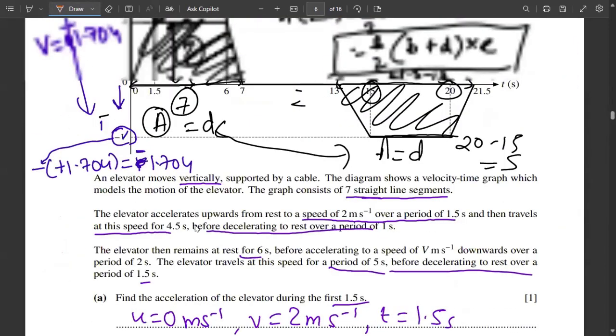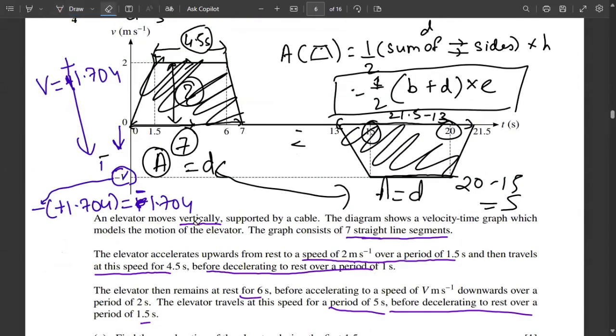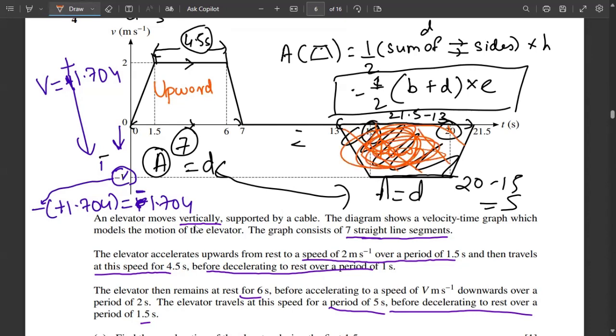If you want to look in the diagram, we have two options. This entire area is the upward journey, and this entire area is the downward journey. Right now there is no need to consider the downward journey at all. We just need to go with the upward journey. And even in the upward journey, we know that the acceleration should be negative.